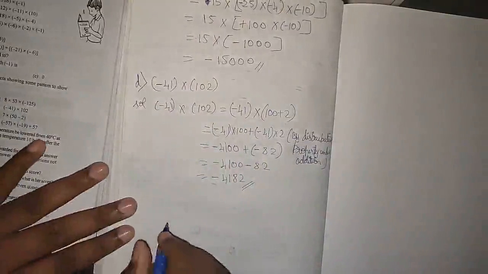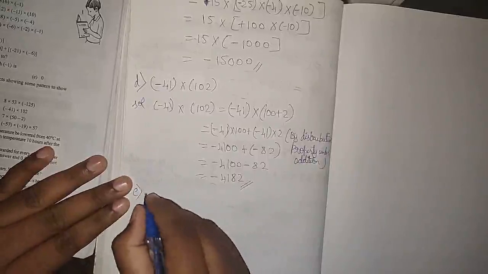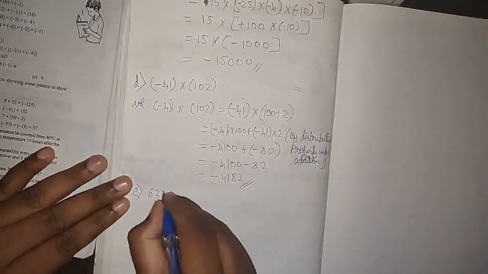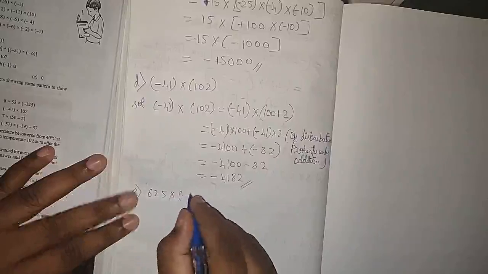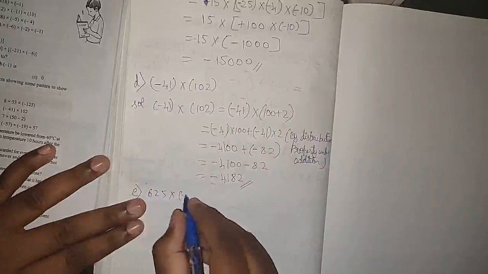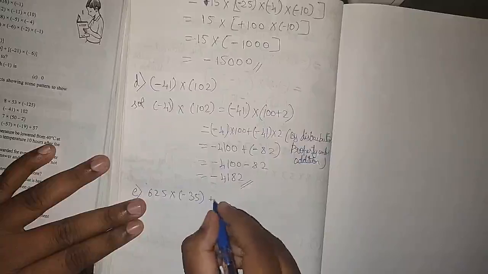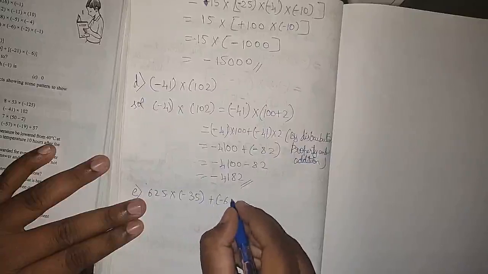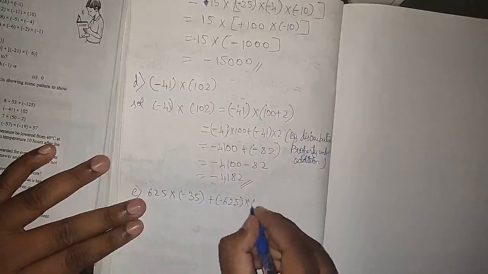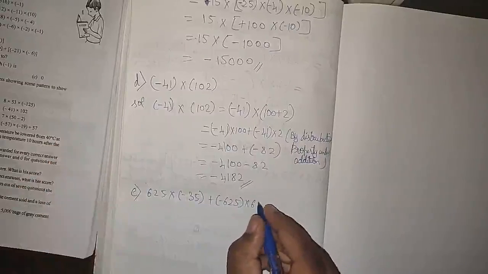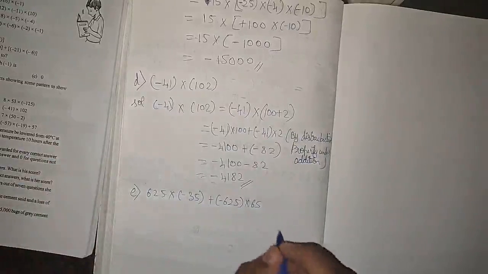Okay. Now let us go to the fifth question, E part. See, here you should be little careful in E question. There is something little different here. Okay. So copy down the question. 625 into minus 35 plus minus 625 into minus 65.